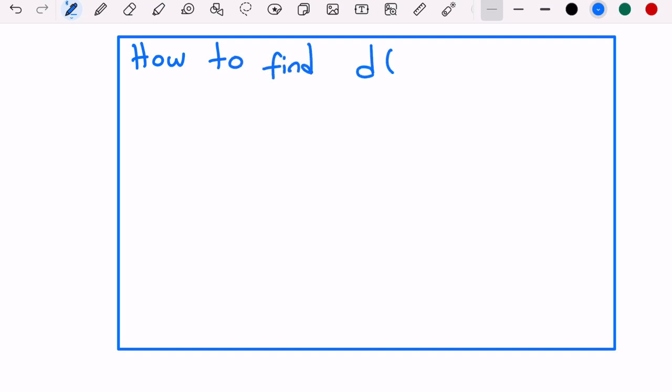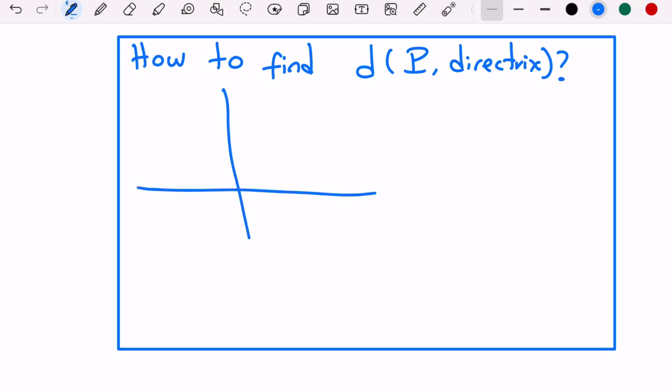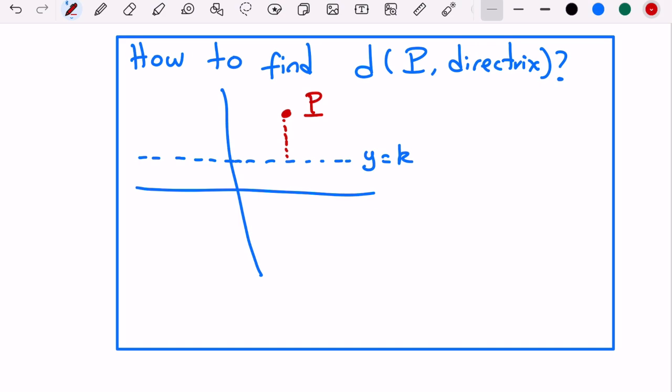Well, if I have a directrix of y equals k, the distance from my point P to the directrix, if my point is (x, y), is basically y minus k.